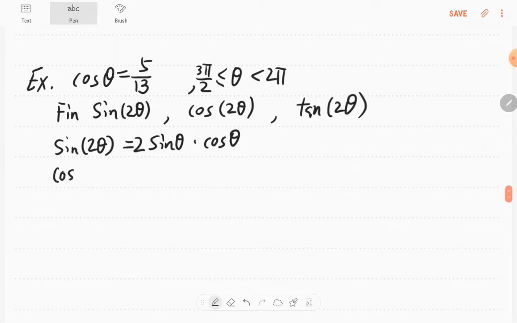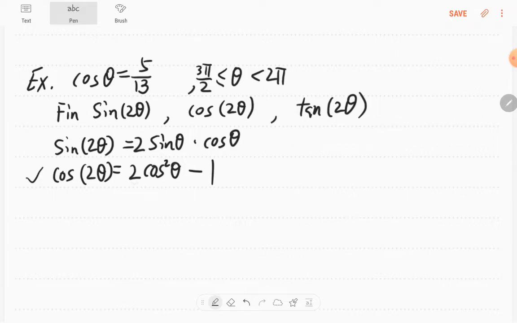And cosine 2 theta equals 2 cosine square theta minus 1, right? So here you just plug in and you can get your answer directly. You just save your time. You just use your calculator, you can do this calculation quite quickly, plugging in 5 over 13.